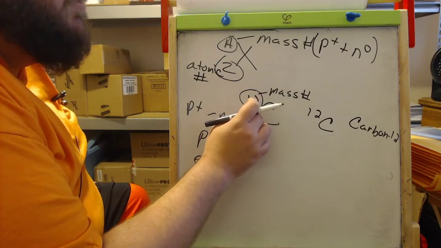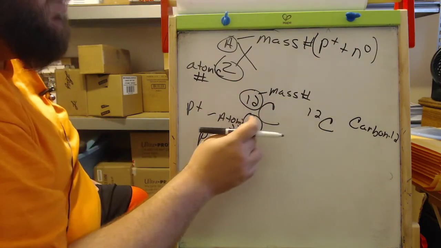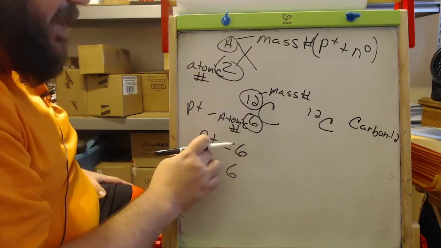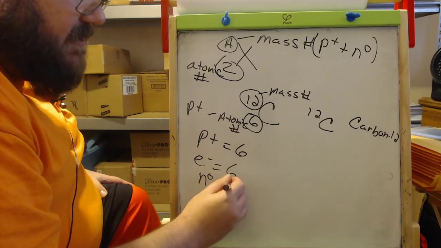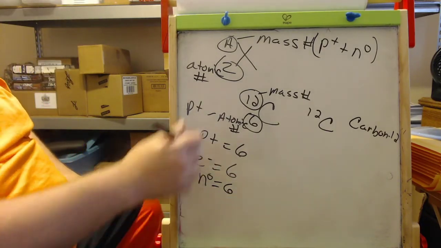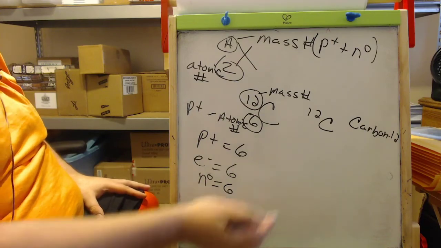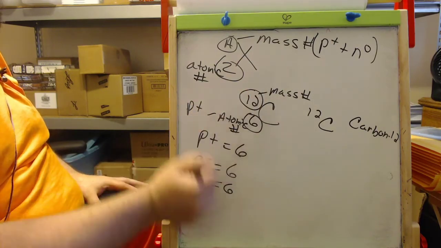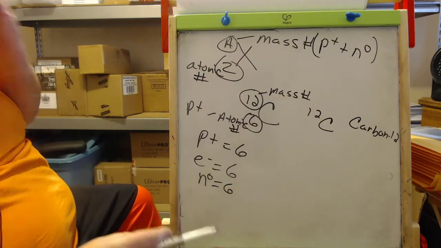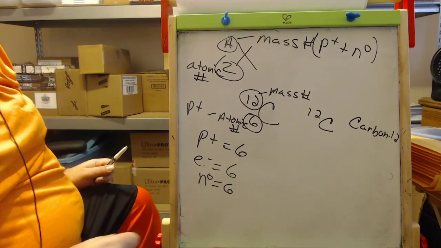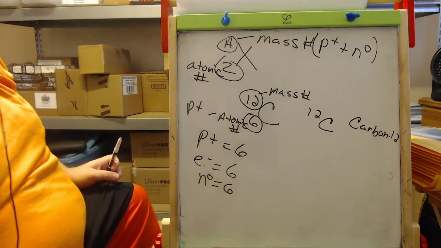Mass number is 12, protons plus neutrons. If I have 6 protons, I must have 6 neutrons. So 6, 6, 6. And for those of you who have to take organic, you'll realize that carbon is the devil. And it works out perfect.